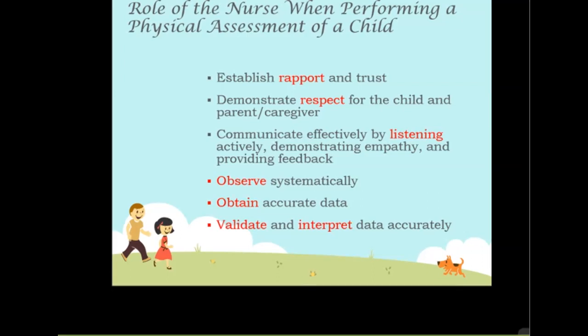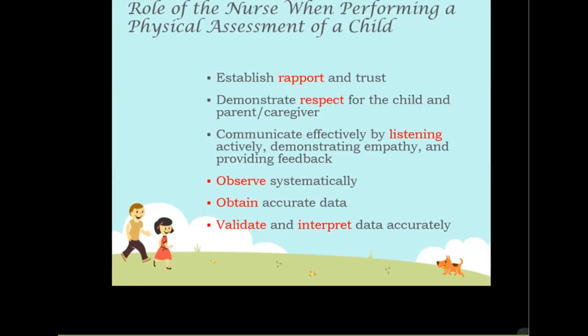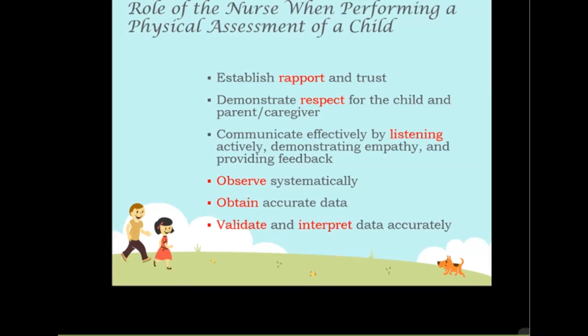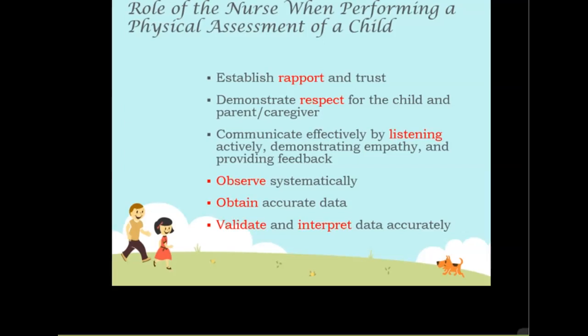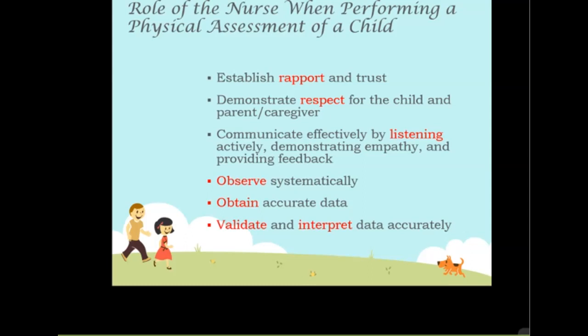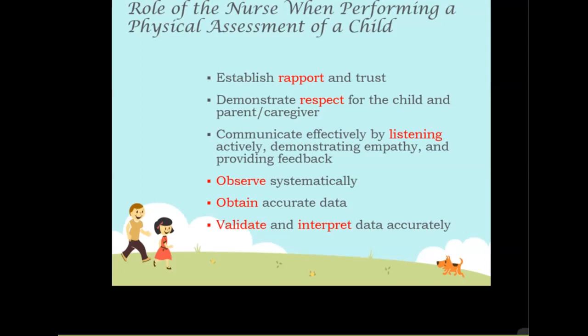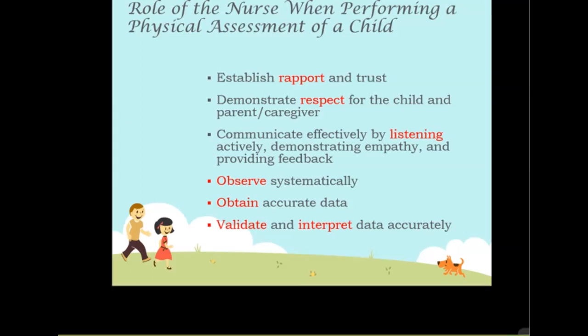Validate and interpret your data accurately. So that means if your baby is on the monitor and it shows a heart rate of 145 and a respiratory rate of 90, am I going to write down a respiratory rate of 90 without manually assessing a respiratory rate?